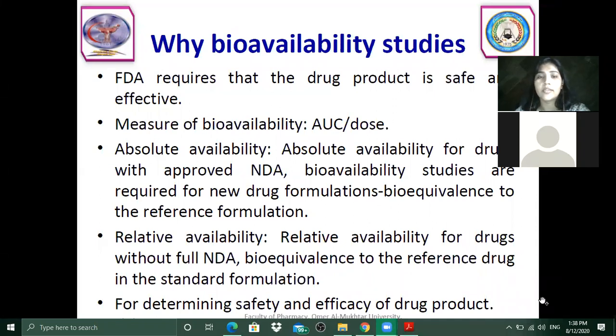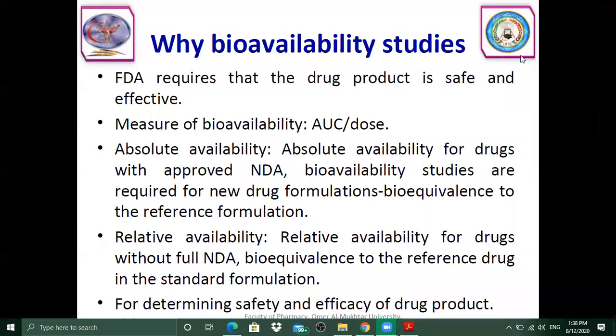New drug application. Yes, it is new drug application. So if you have a drug with an approved new drug application, then you will be doing absolute bioavailability testing. You have to know the exact bioavailability of that drug when you compare it with the IV formulation.